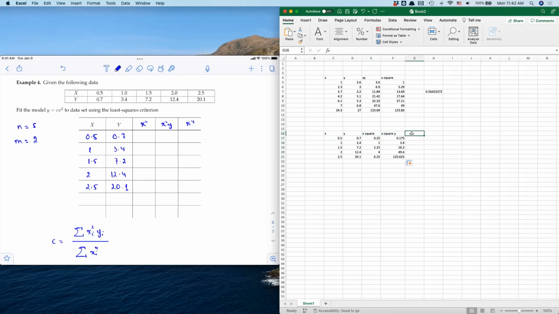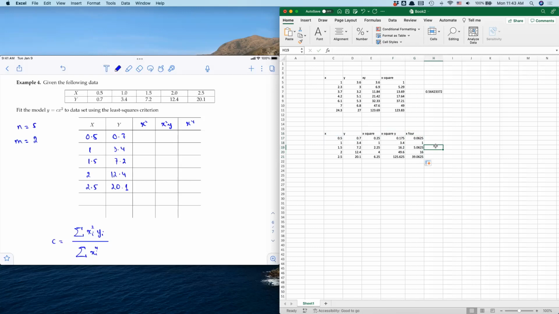Then in the last column, you have x to the 4th. And what you do is set it equal to x to the fourth, or you can just do x squared times itself. It doesn't matter. Drag the formula down. So this is what you got.